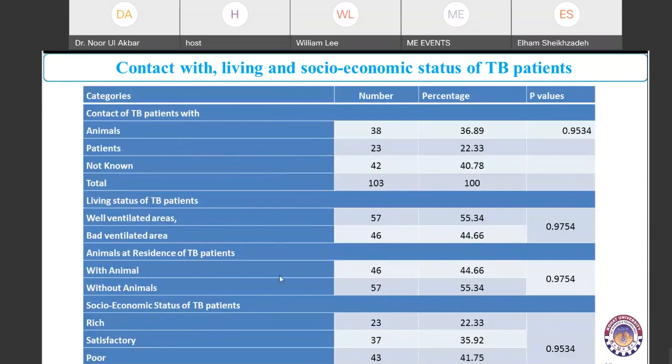These are the results collected from the patients during the collection of samples and other related information in the form of proforma.